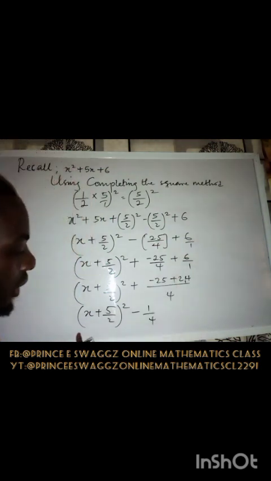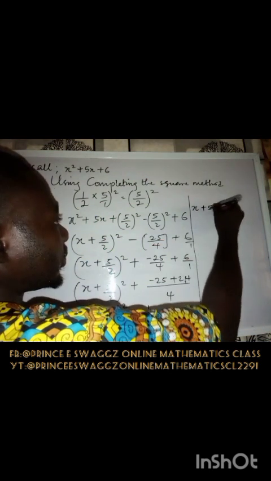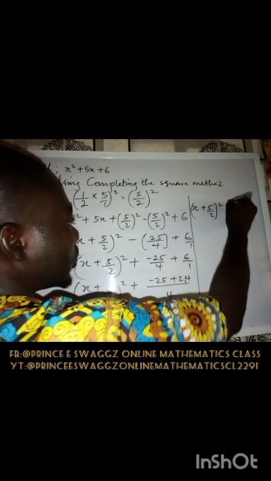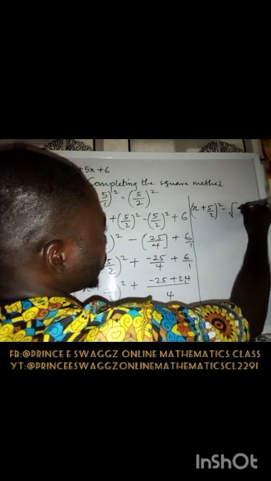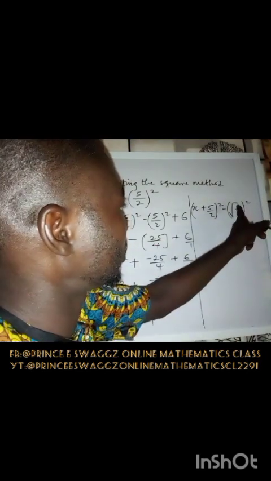Now I have to make this a difference of two squares, and that can be done here. First of all, I'm going to have x plus 5 over 2 all squared. Now another way of writing it is minus the square root of 1 over 4 all squared. So if I move this, the square will cancel the square root, I have this back.